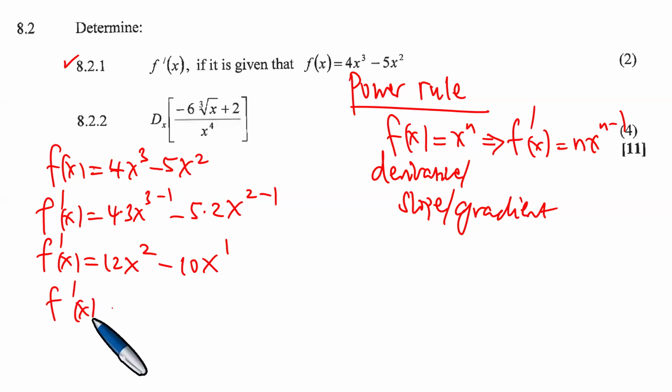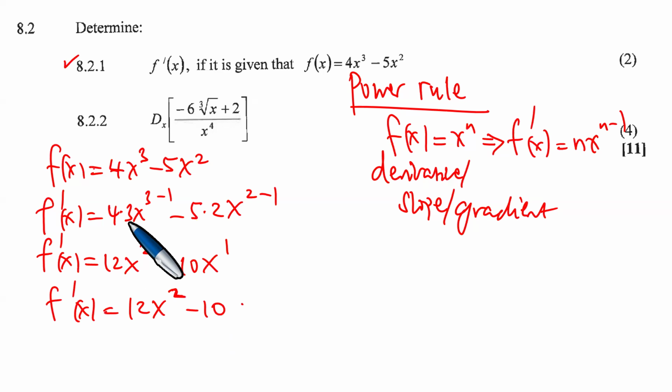So f prime of x is 12x squared minus 10. And that is the answer. We were to find f prime of x from first principles.